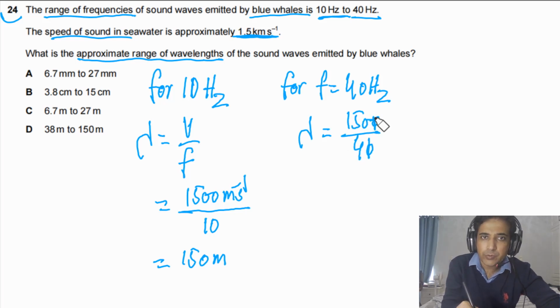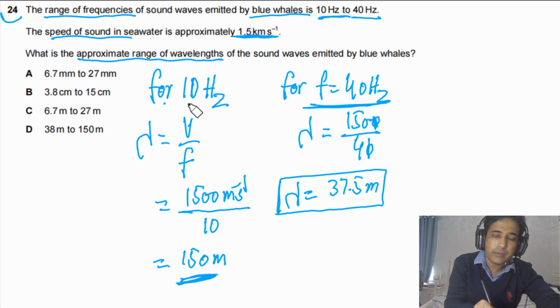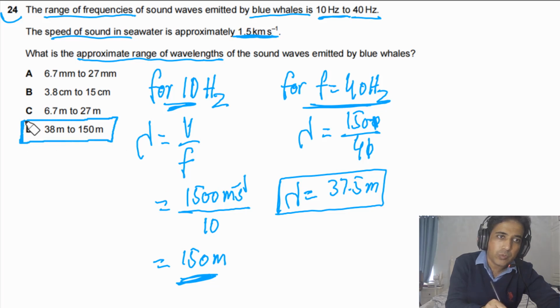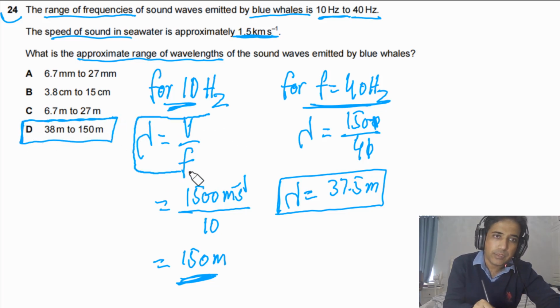This 0 we can cancel with this one. So 150 divided by 4, we will get 37.5 meters. So this is the value of lambda for this frequency, and here we have lambda for 10 hertz. So the answer for this question is 38 meters to 150 meters. Simply you need to use lambda is equal to V divided by F.